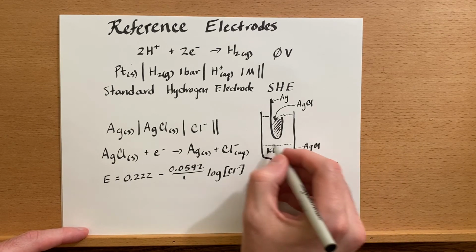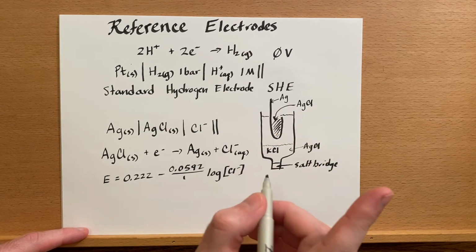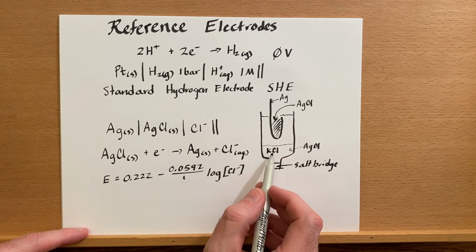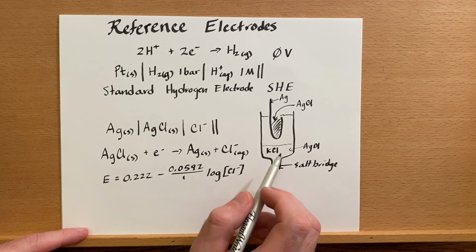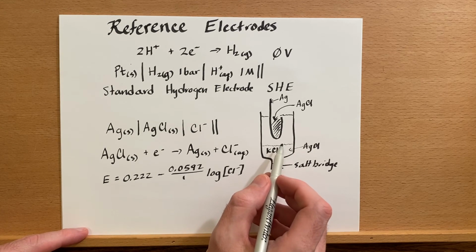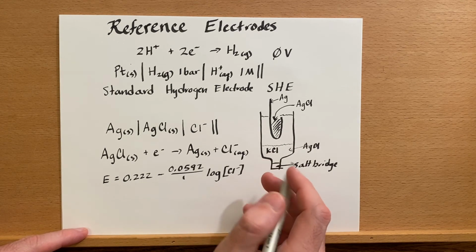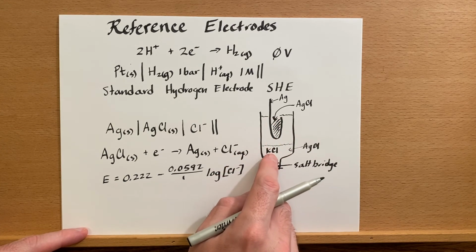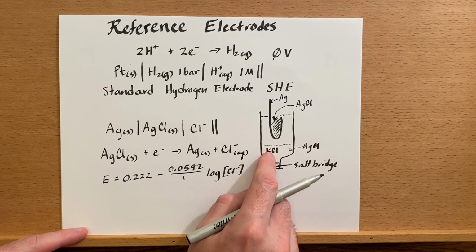That is less important, but what is important is that this solution is going to become completely saturated with potassium chloride. This is a very soluble salt. The concentration of chloride in here is going to be quite high. And when that happens, we'll be able to maintain the concentration of chloride.